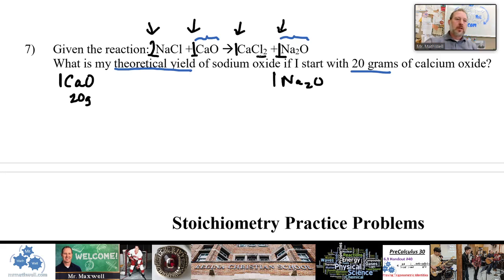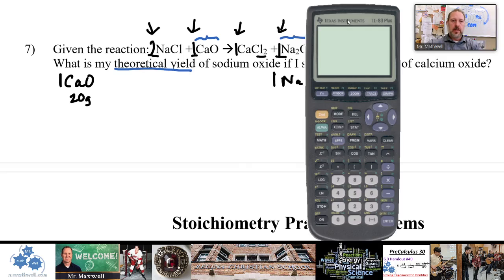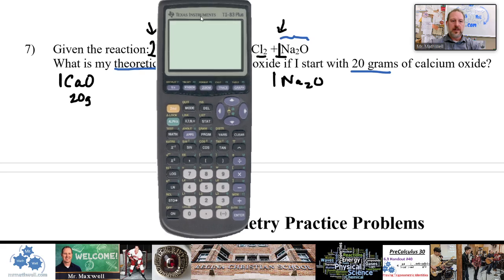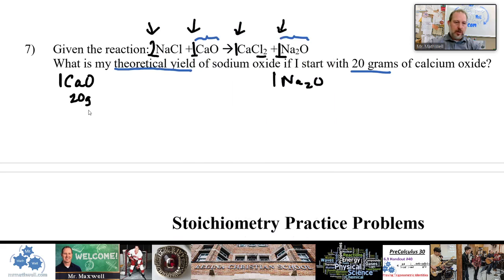Moles. So for 20 grams, get your periodic table out, and get your calculator out. What you want to do is find the moles of CaO. So I'm going to take 20 grams and divide by the grams per mole of CaO. Calcium is 40.078, and I've got one of those, and I've got one oxygen.